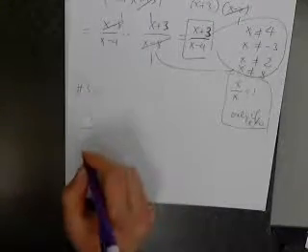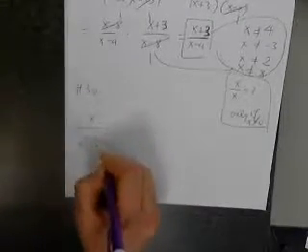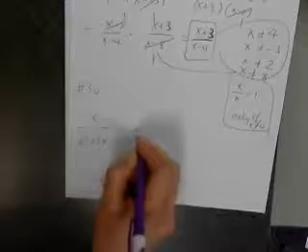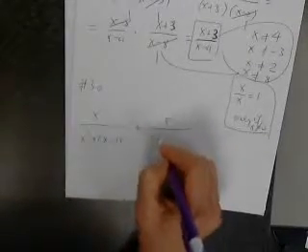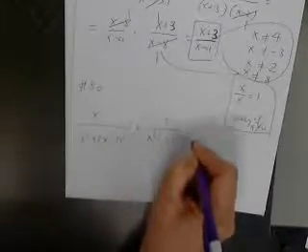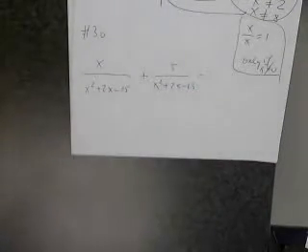Okay, x divided by x squared plus 2x minus 15 plus 5 divided by x squared plus 2x minus 15. I claim that this is not a difficult problem. Can anyone say why I claim that? The denominators are the same. I don't need LCD. It's already there. This is the LCD.